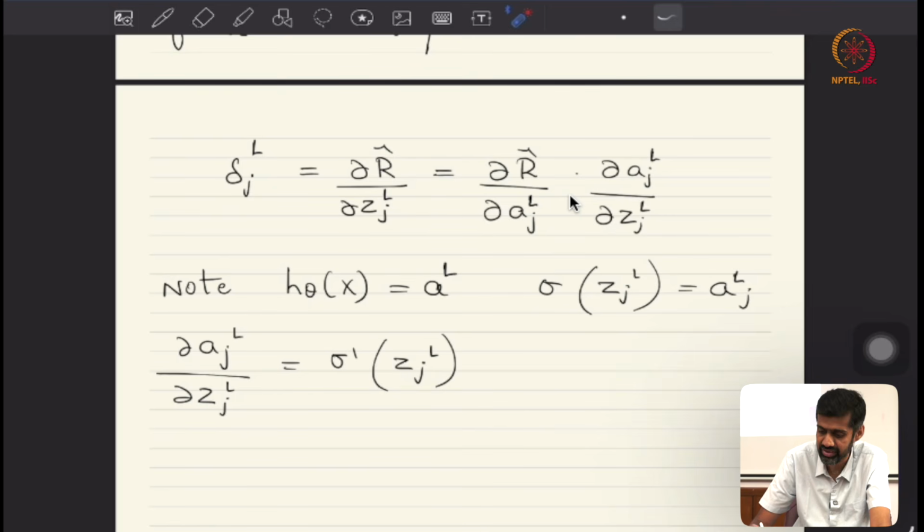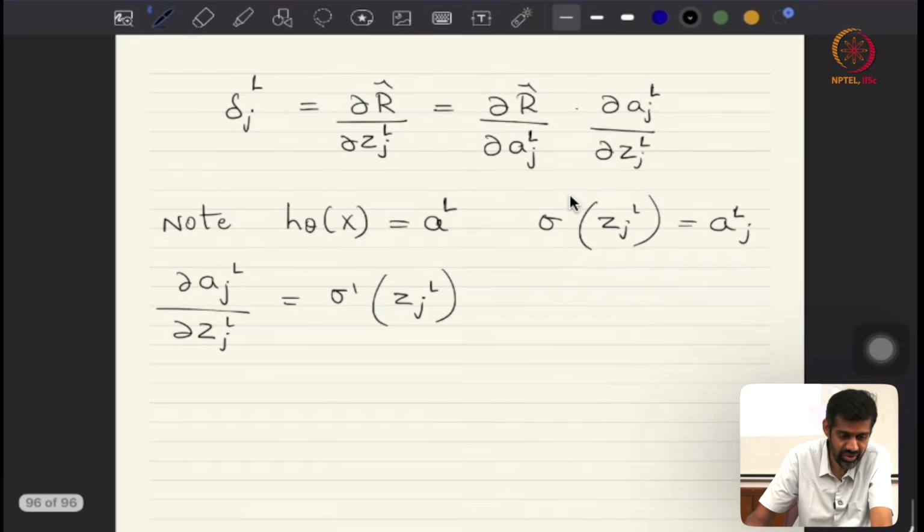That's obvious. Since we are looking at derivatives of the activations, these functions have to be differentiable. Okay, you see this? So, we got this particular term. Now we know how to compute this particular term. What about the first term? It depends upon the loss function.